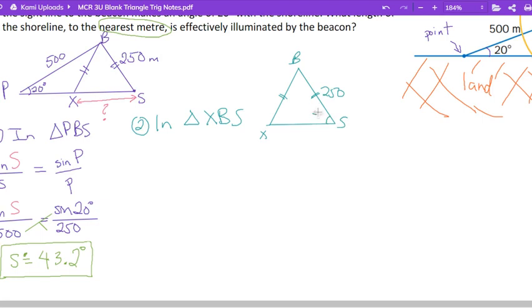I know this is 43. I can say angle X equals angle S equals 43.2 degrees approximately. Then we find the other angle B.